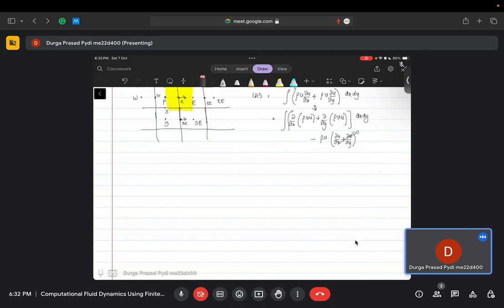You see the LHS term essentially has, if you integrate it, rho u u on the east face minus the west face times delta y. We have rho u v on the north face minus rho v u on the south face times delta x.